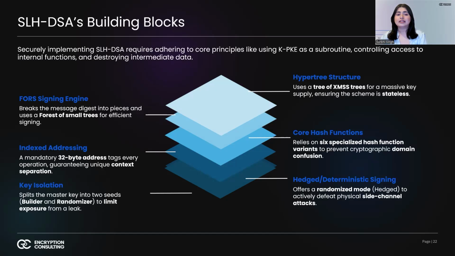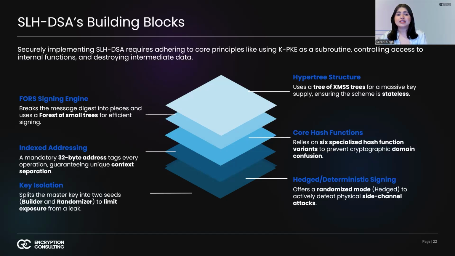The algorithm provides two distinct modes for incorporating randomness during the message signing process, offering a balance between security and predictability. The hedged variant is the default and most secure mode, designed specifically to counter side channel attacks. Before the message is hashed, a secret key generates a fresh, unique random number, R, which is included in the signature.